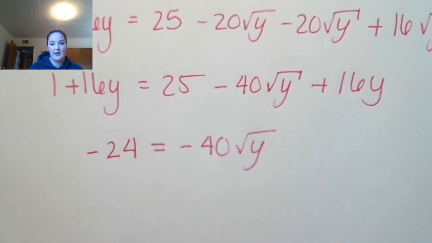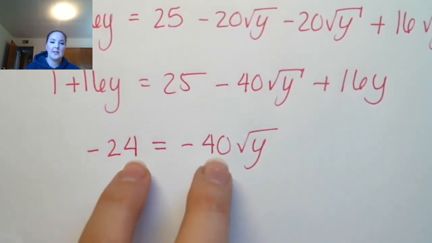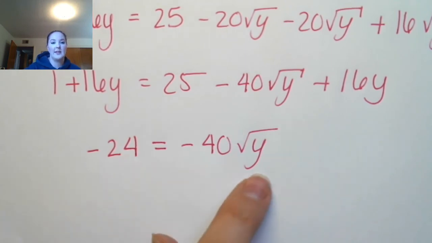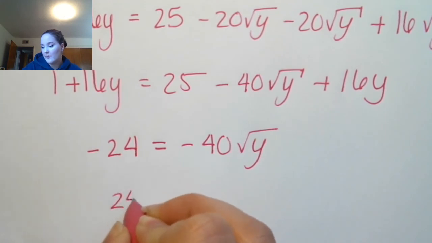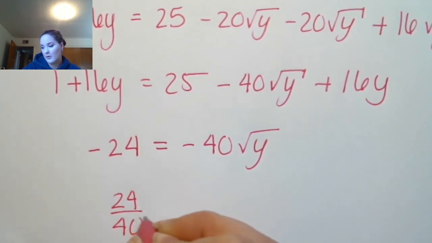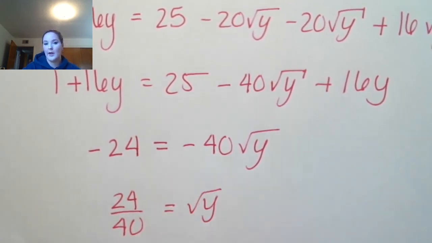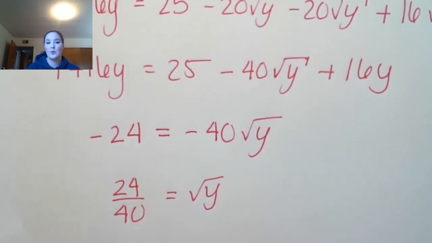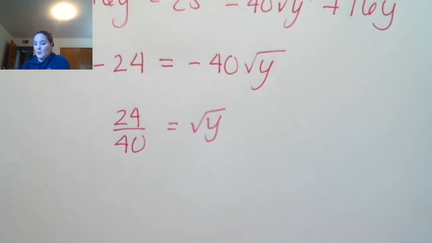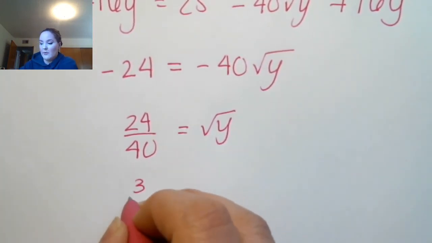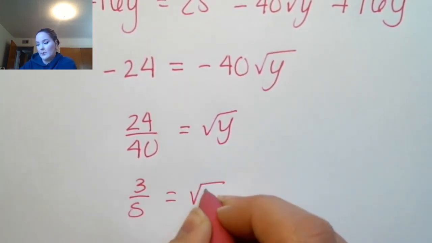All right. Now, we're going to divide both sides by negative 40 in an effort to isolate this square root of y. Okay. So I'd get 24 over 40 equals root y. Okay. And then I'm just going to reduce my fraction here. Okay. So they're both divisible by 8. That would give me 3/5 equals root y.